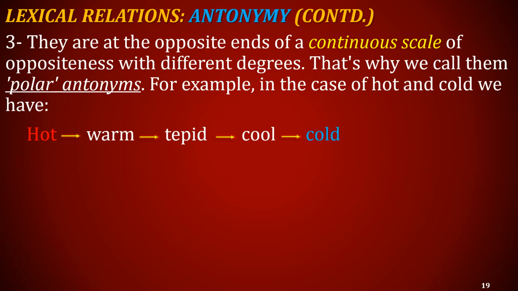For example, what is regarded as hot in someone's oven could be quite cold with regard to space or another planet. So our continuous scale includes words like hot, warm, tepid, cool, and cold. At each end, we have the words hot and cold, while the different degrees come between: warm, tepid, and cool.